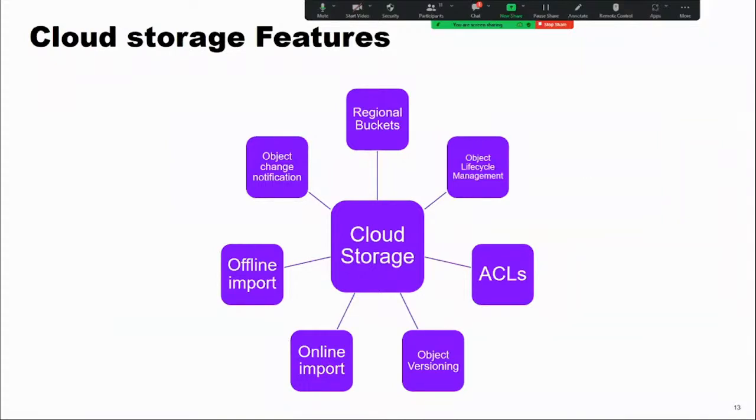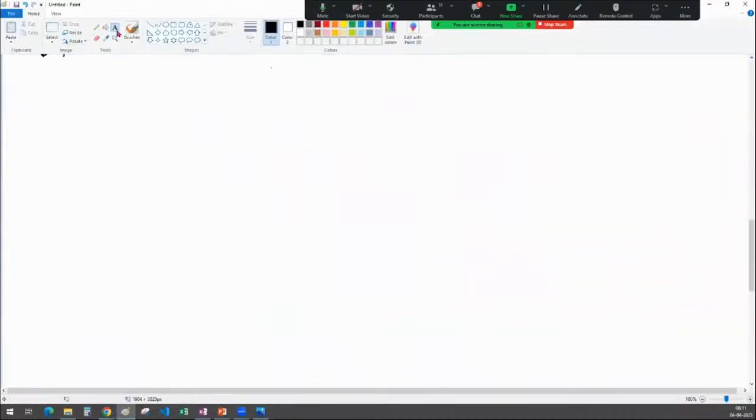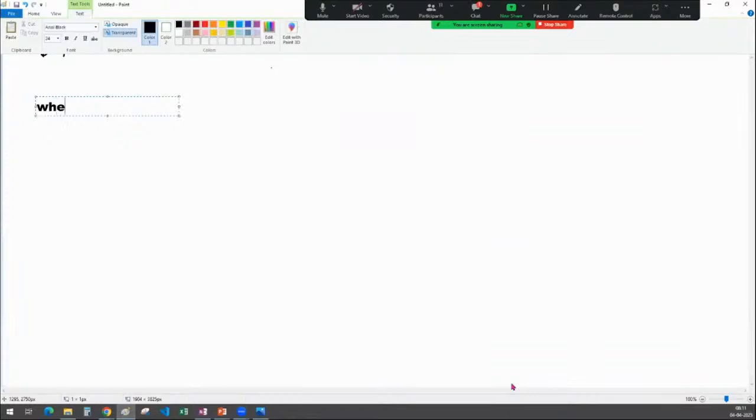Very important thing, I will write it here. There are two ways to interact with GCP services. There are more ways, but mainly two ways for me.